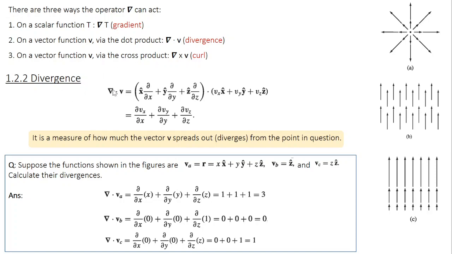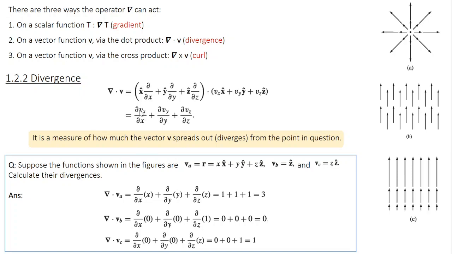So from the definition of del operator, you can write divergence of v as del dot v, which is dou by dou x x cap plus dou by dou y y cap plus dou by dou z z cap dot the v vector in component form vx x cap plus vy y cap plus vz z cap.